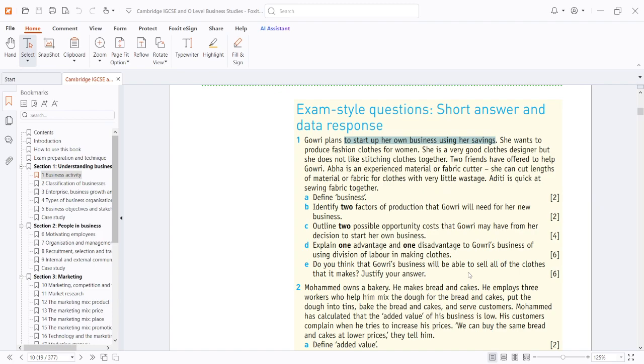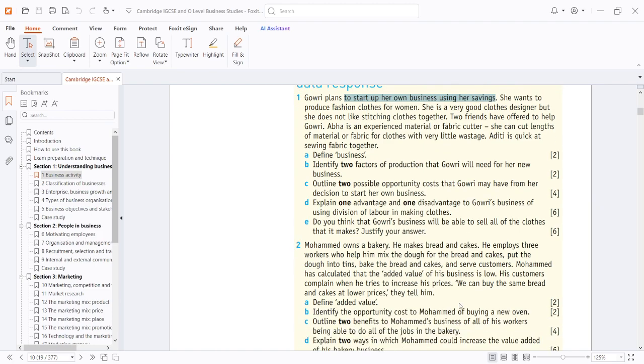This is a 6 marker, so it's quite limited. Try to not write too much. Let's see. You will be able to sell all of her clothes. All right, let's move on to question 2. Sorry, we're not attempting all questions here.